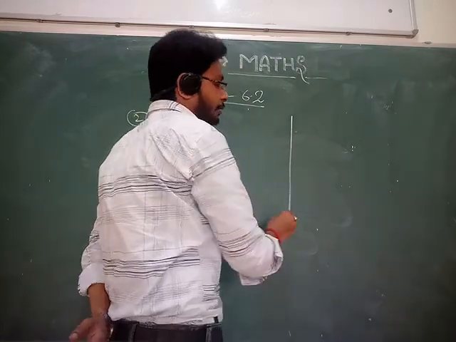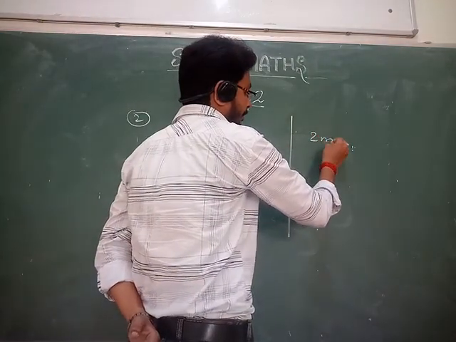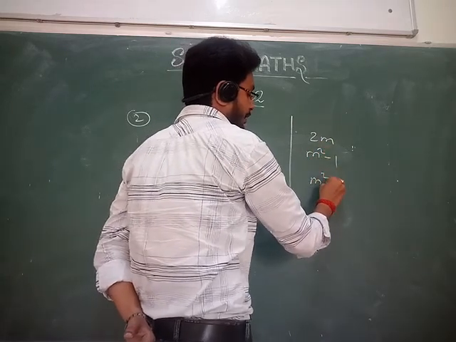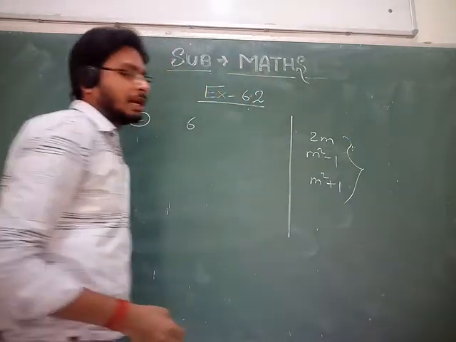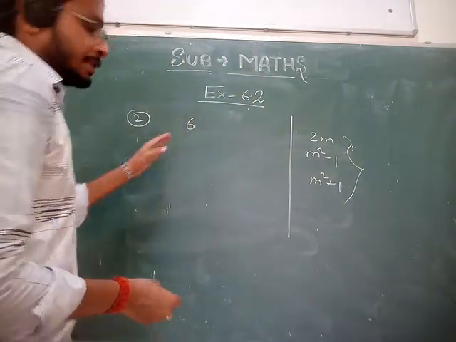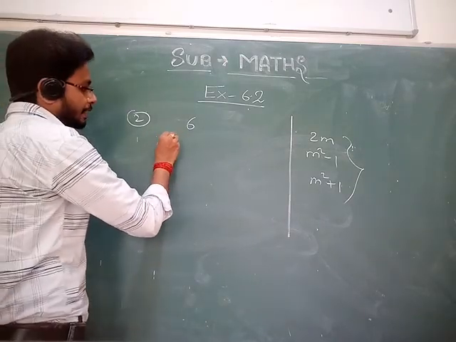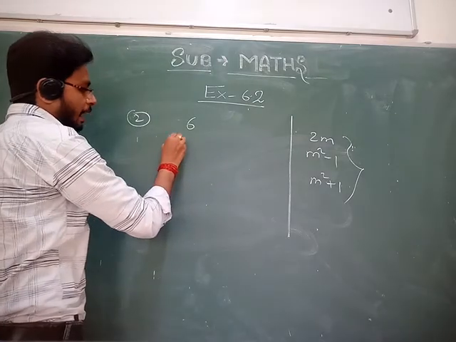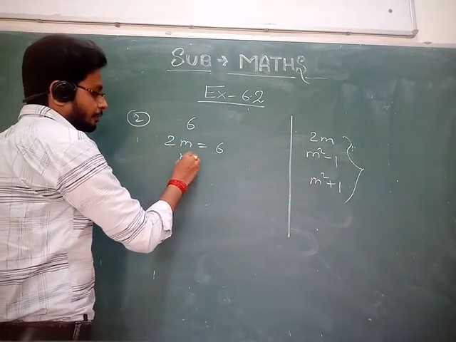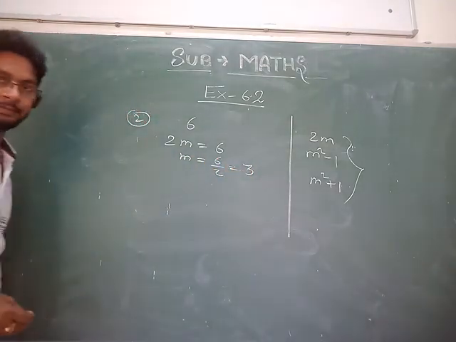I have already told you the Pythagorean triplet numbers are 2m first, then m square minus 1 and m square plus 1. These three numbers form a Pythagorean triplet. So 6 is one member. So how will you write? You will write 2m is equal to 6. So you will get m equal to 6 upon 2, and that is 3.